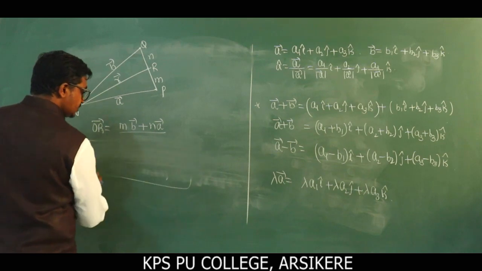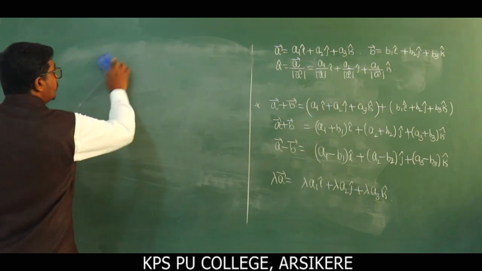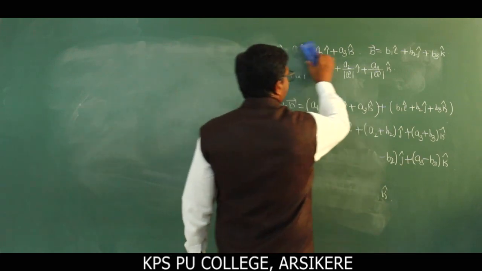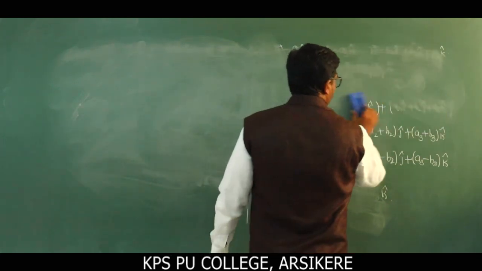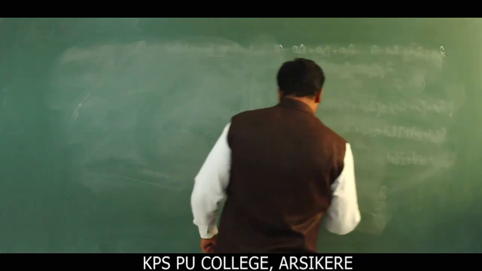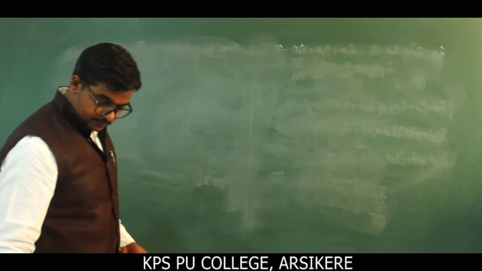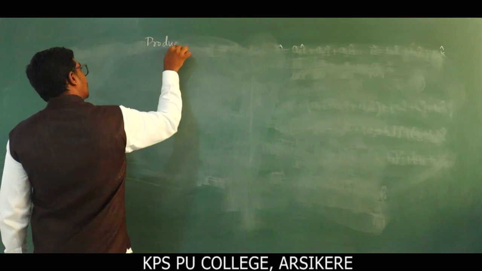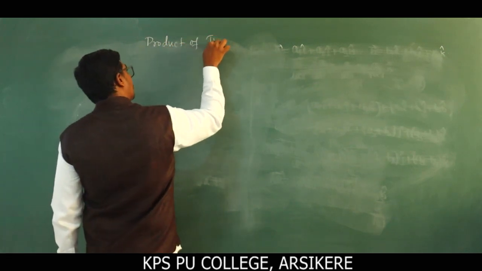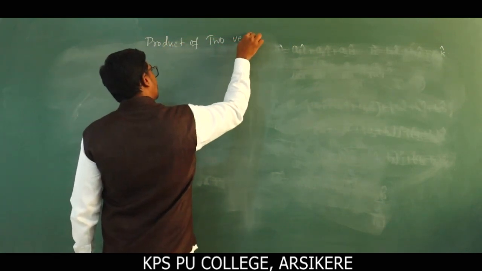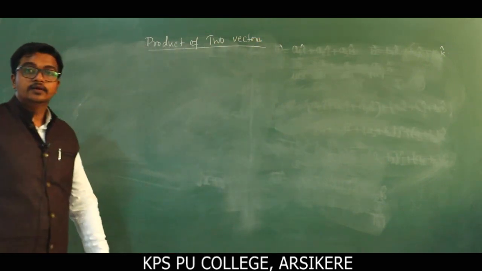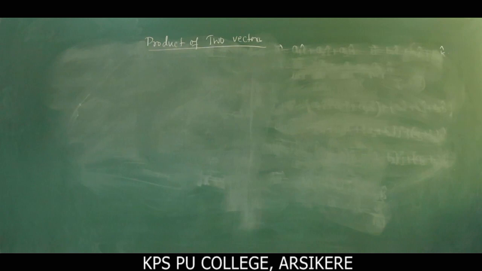Next we are going to discuss a very important one, product of two vectors. Basically we have two types of product here.